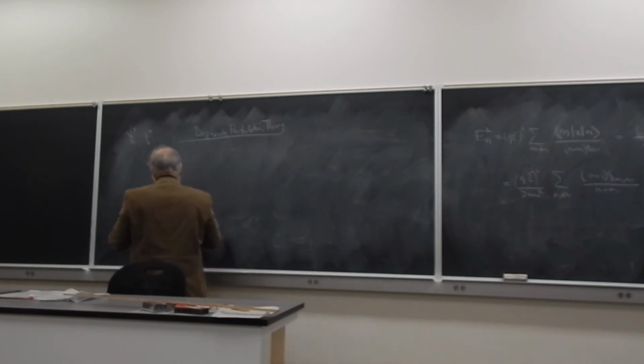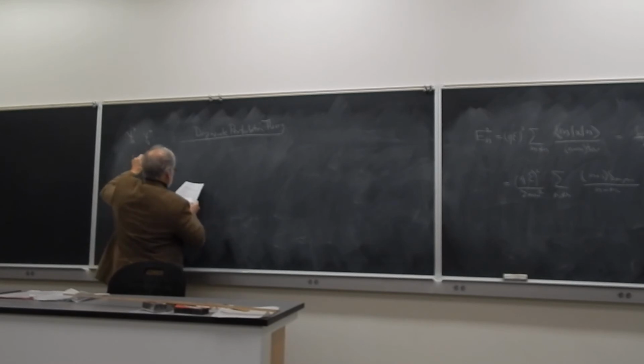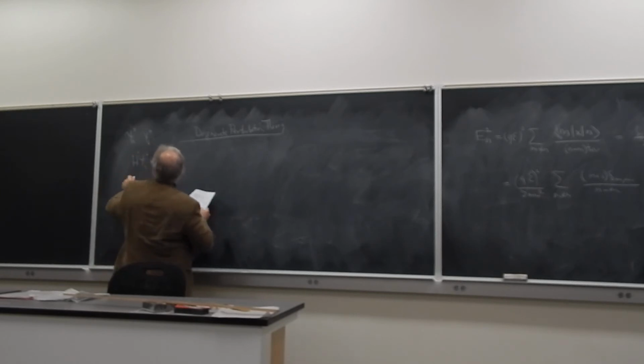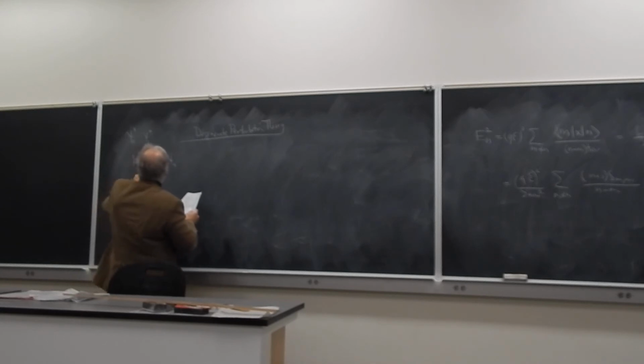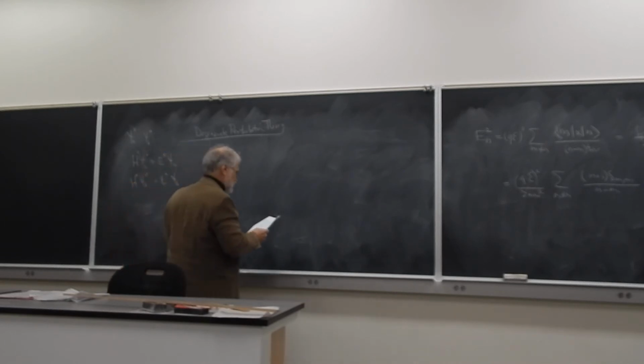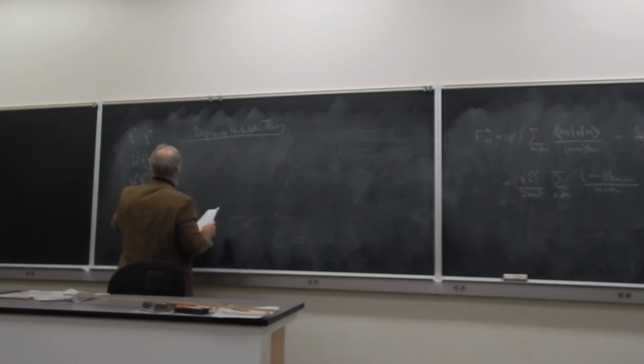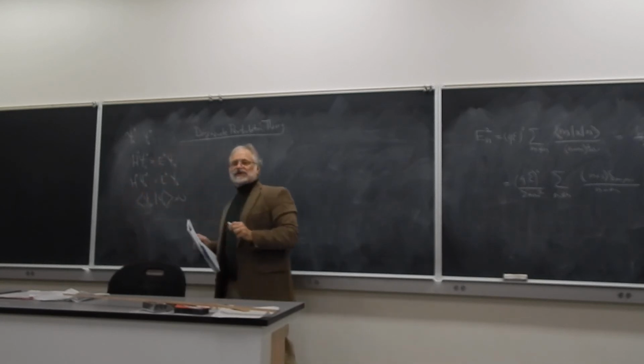So let's suppose my unperturbed Hamiltonian applied to psi A gives me E naught psi A. Same unperturbed Hamiltonian applied to psi B gives me also E naught psi B. And of course, the assumption is that the eigenfunctions are orthogonal.